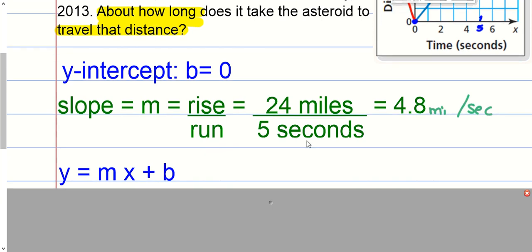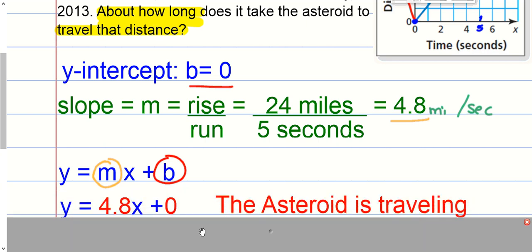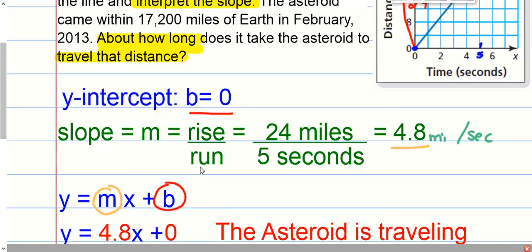From here, all you have to do is plug in your number for m, which is here, and your number for b, which is here. So if we plug those in, we get y equals 4.8x plus 0.